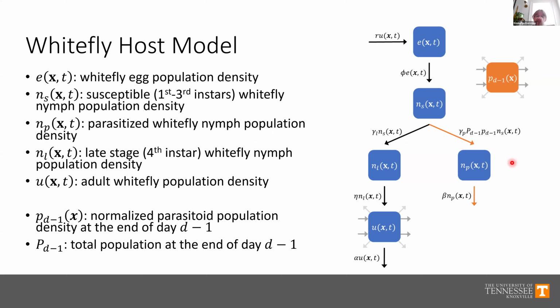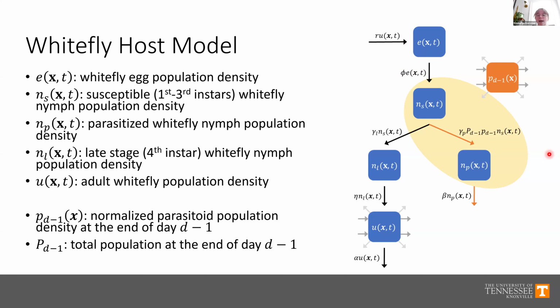So this is our whitefly host model. I'll briefly go through the different parts. We have our adult whiteflies laying eggs, and then these eggs develop into our susceptible nymphs, the first 3 instars that the parasitoids are interested in for reproducing. From here, there's one of 2 options.